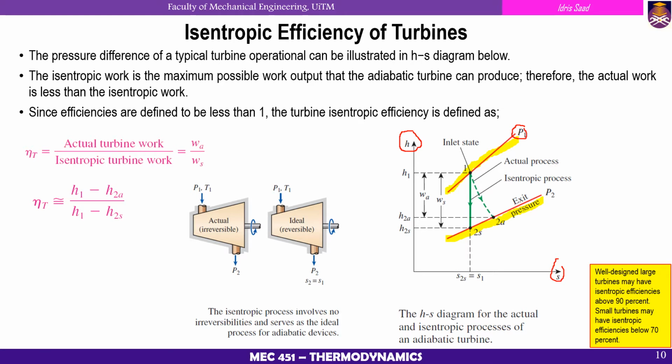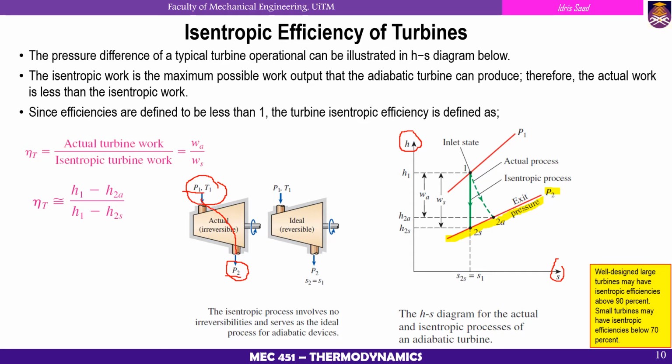Obviously, pressure 1 is higher than pressure 2. For the turbine, the fluid will enter at high pressure and then go down to the exit of the turbine at a lower pressure. So for the turbine, the inlet pressure is higher than the exit pressure.